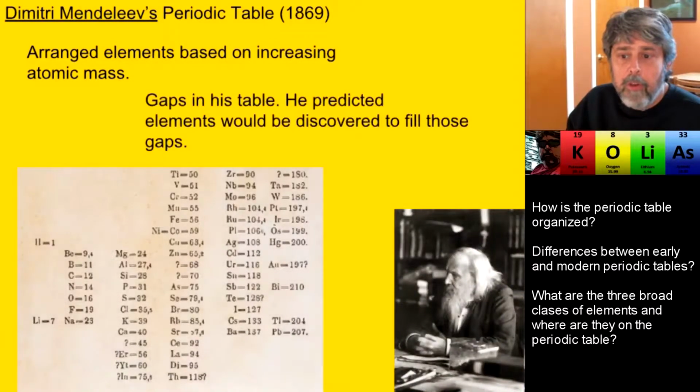Here is a photo of one of his first periodic tables back in the day. Notice how some of them have question marks next to them. That's because these elements weren't discovered yet, but when they were discovered, they'd fit exactly where he predicted they would fit. Look at numbers 68 and 70 there. Eventually, elements fit into there.